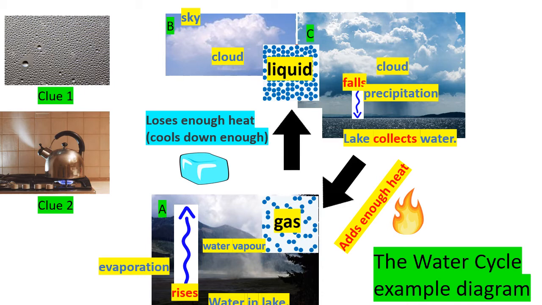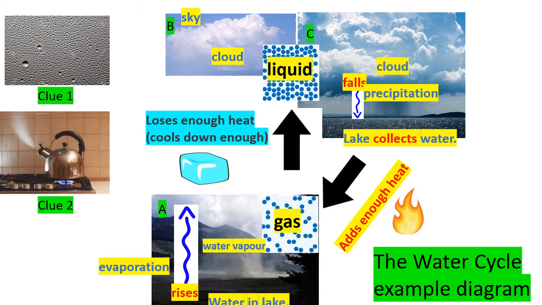So you see what a gas looks like. Notice the particles, the blue dots representing particles, are spread out. So that's water vapor. So water vapor rises, the red word rises, it goes up, and when it loses enough heat, it cools down and becomes a liquid again.